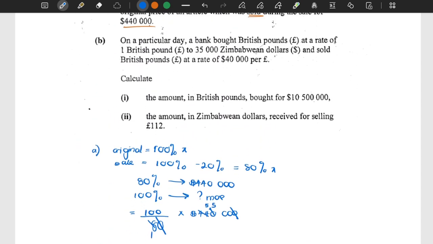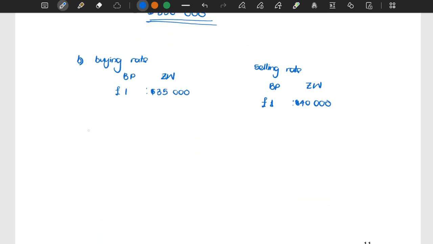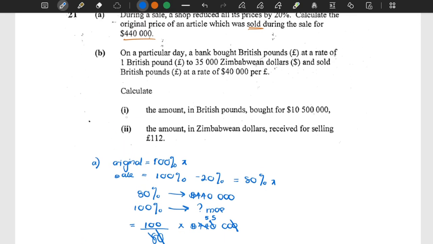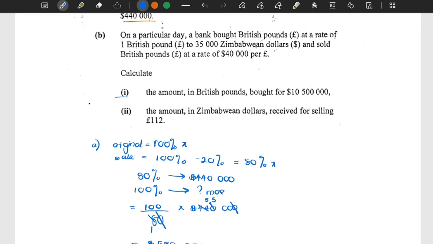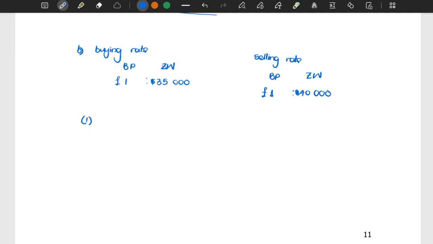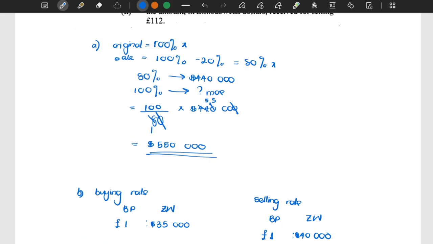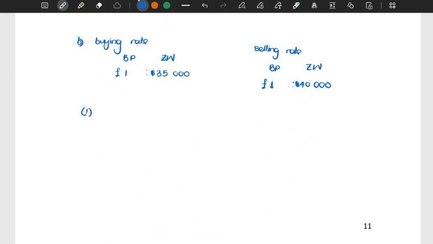So the question then says, part 1, calculate the amount, in British pounds, bought for 10,500,000. So the keyword is bought. So we're supposed to use the buying rate.